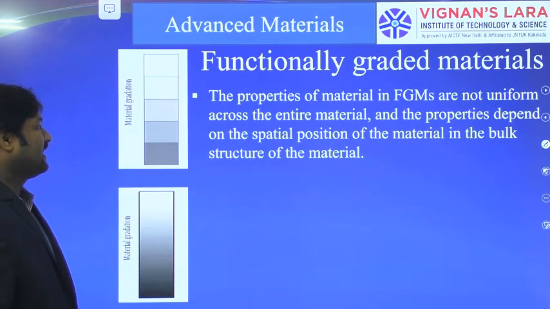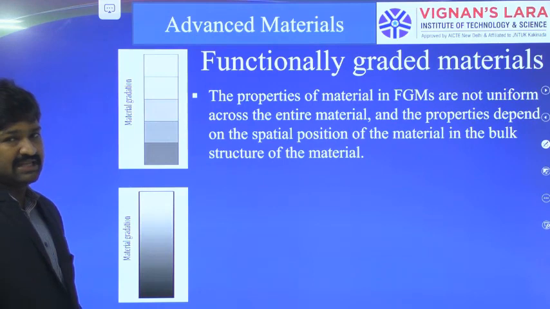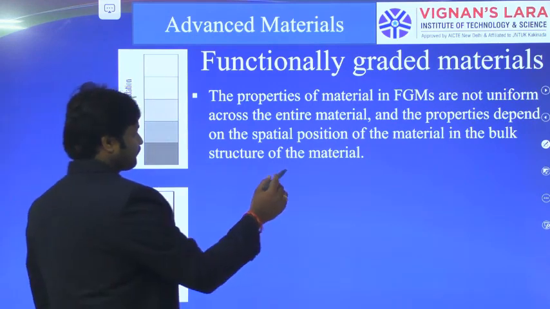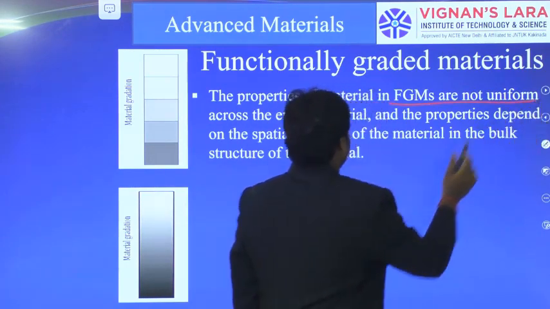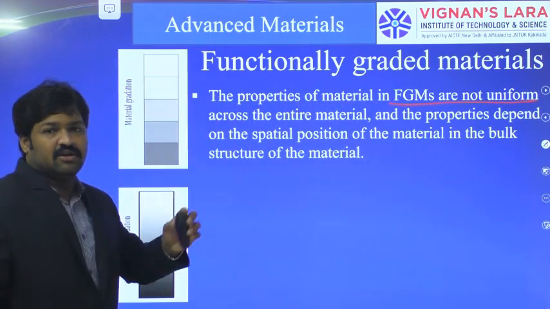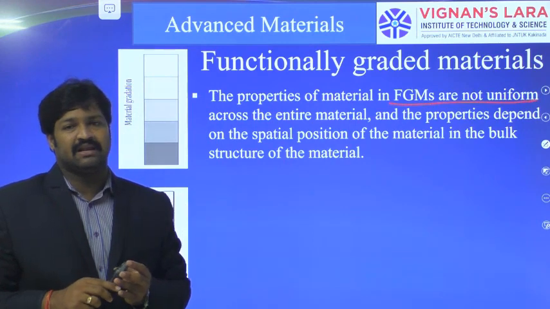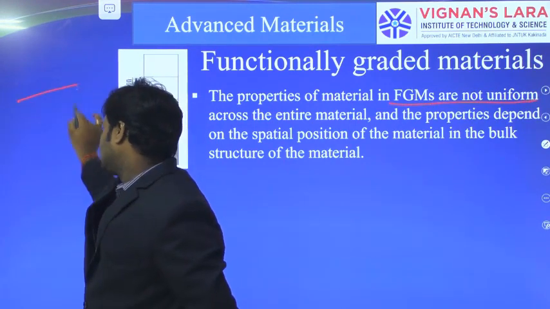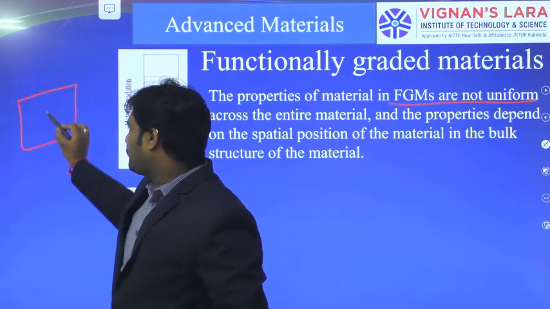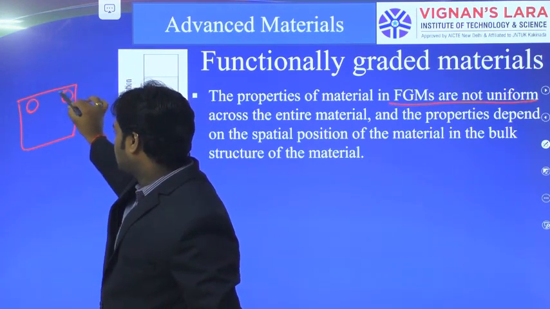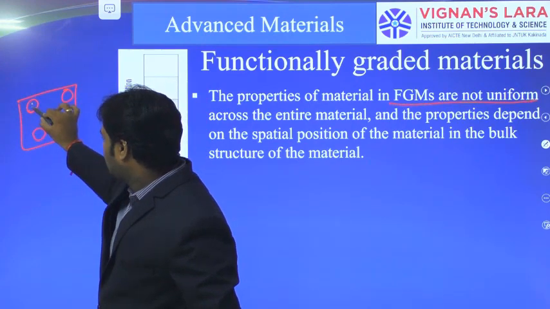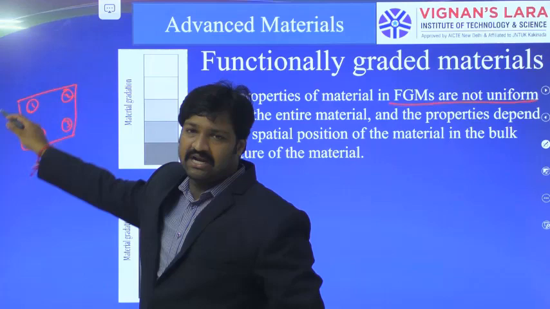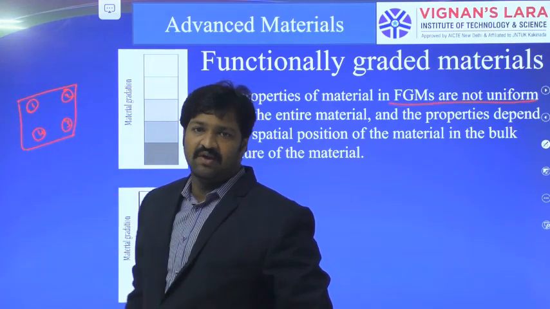Next, functionally graded materials. The properties of materials in functionally graded materials are not uniform. If we consider a monolithic material, it is a homogeneous material. If we consider this as a monolithic material, the property at location 1, location 2, location 3, location 4 will be the same.